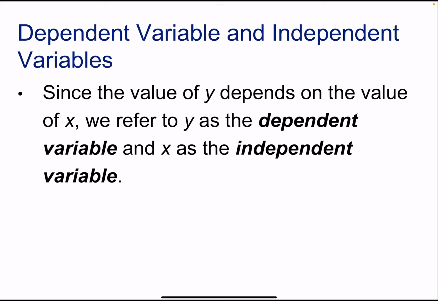Now, we often hear the names dependent variable and independent variable. It just means this. Suppose you have y equals mx plus b. Notice the y value depends on the value of x.